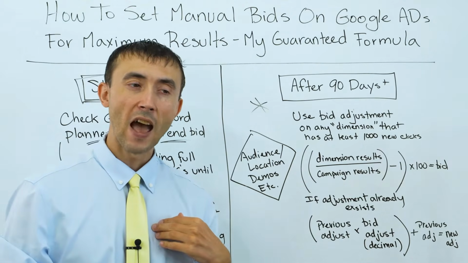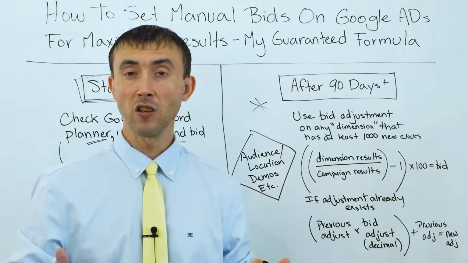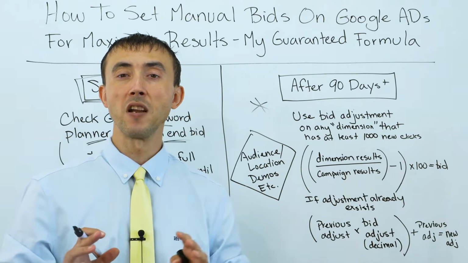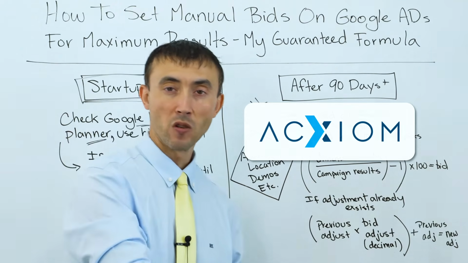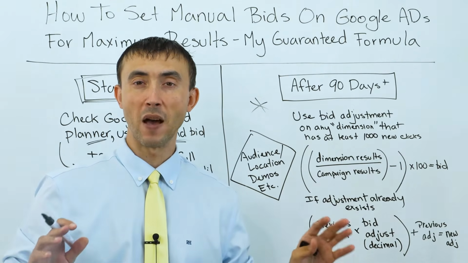One thing that manual bidding can do for you is, if you're really, really knowledgeable about your audience, your market, particularly if you have a big customer database, you could take that customer database to third-party data brokers like Acxiom and give them your customer list, and they have 40,000 traits that they track on the US population by itself.